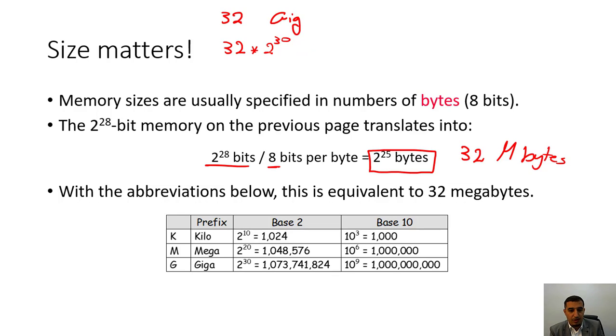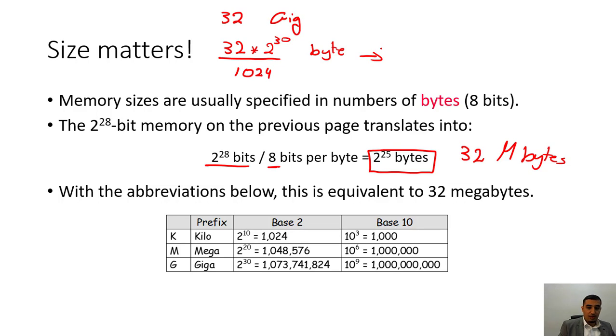This will give you a number. When you use the calculator, you divide it by 1024, and you will get kilo.